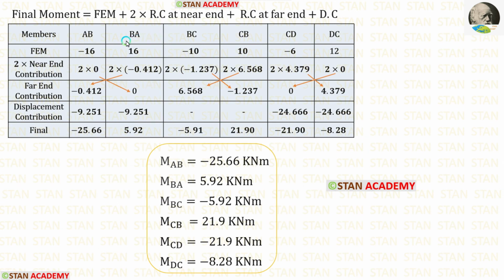In the joint B, for BA and BC, we got different values. These values are slightly different. We can take average of these two, or we can select any one of them to be same. I am going to keep the moment for BA and BC as 5.92.